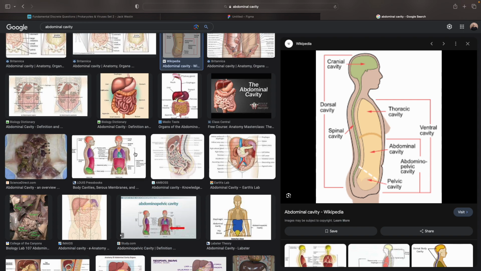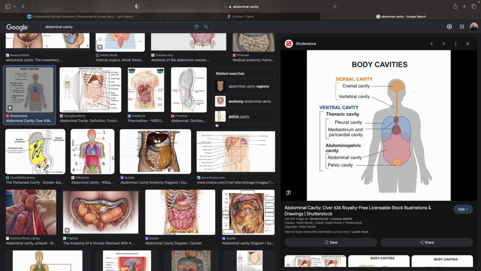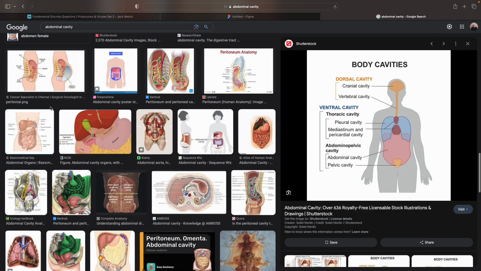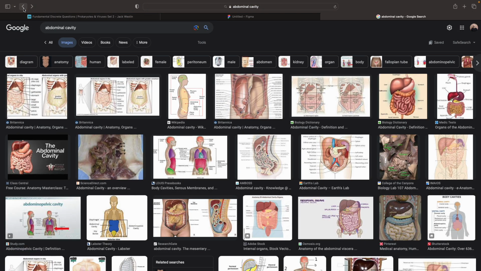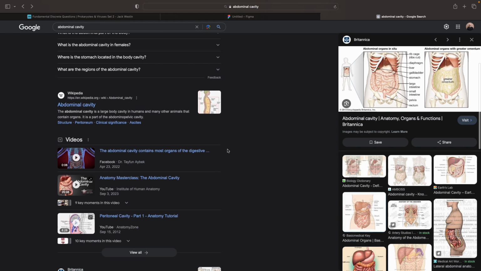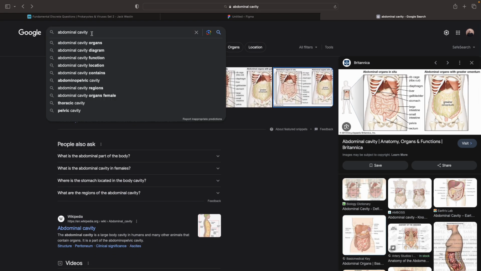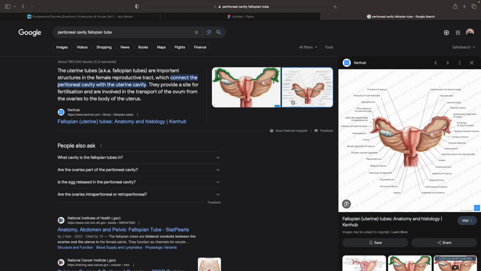Let's see what we can find for fallopian tube.